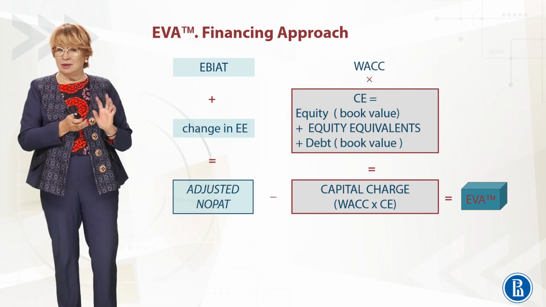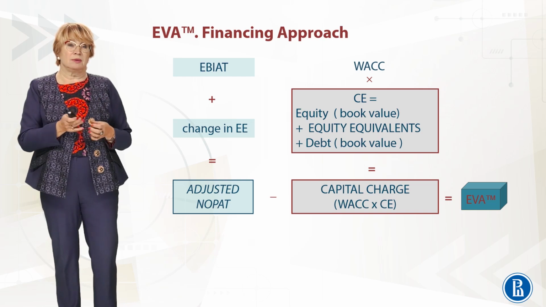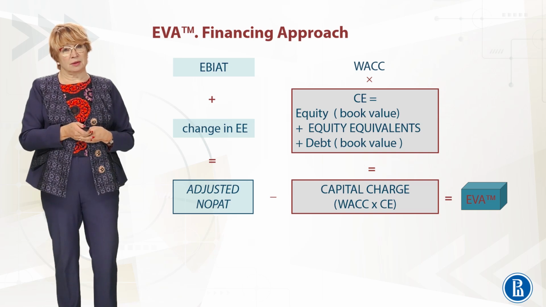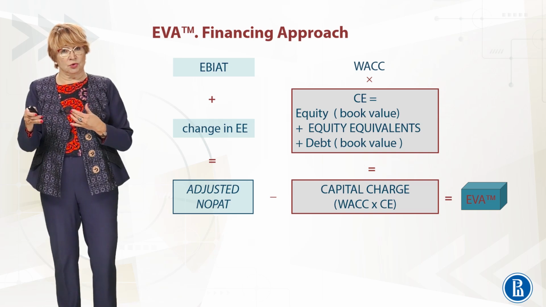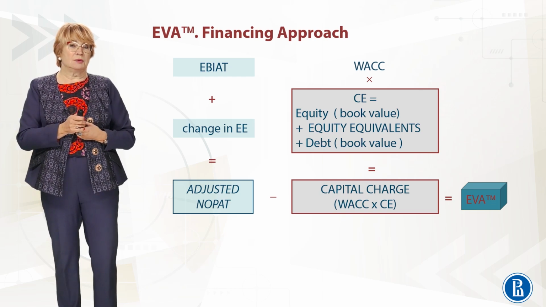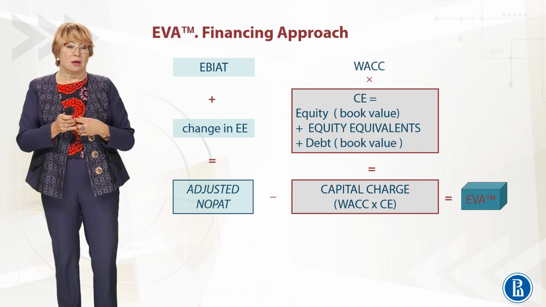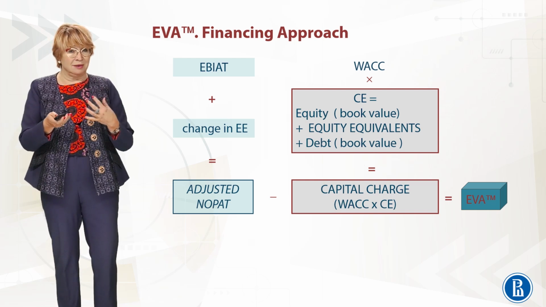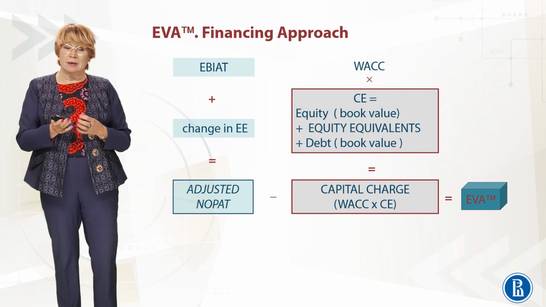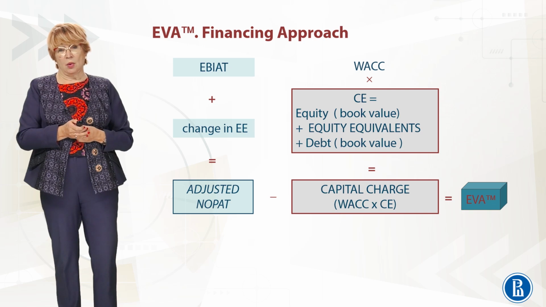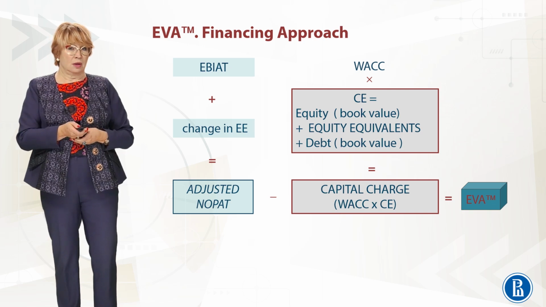If it's negative, it will mean that you are subtracting from your profits. Whatever you are doing, adding or subtracting the equity equivalents change between the years, you are adjusting net operating profit after tax. And your capital employed is already adjusted because you add back those capitalized expenditures, and you recognize now that your equity is bigger and your asset base is bigger. That's why your capital charge also increases, because now your capital employed is larger, and you are multiplying it by your weighted average cost of capital.